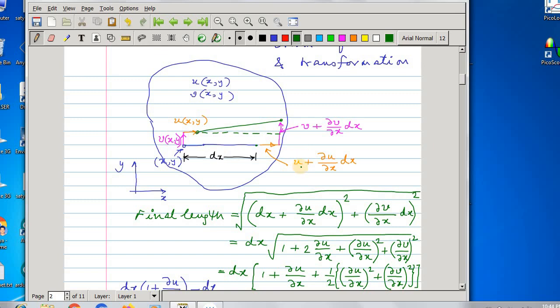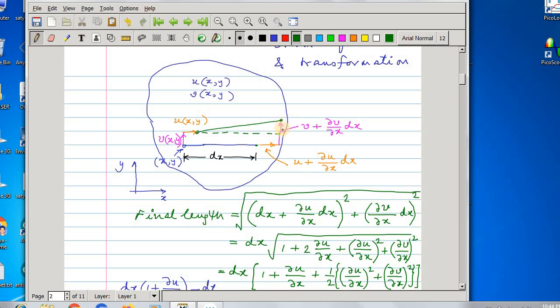This length is dx plus u plus del u del x dx minus u, that is dx plus del u del x dx.